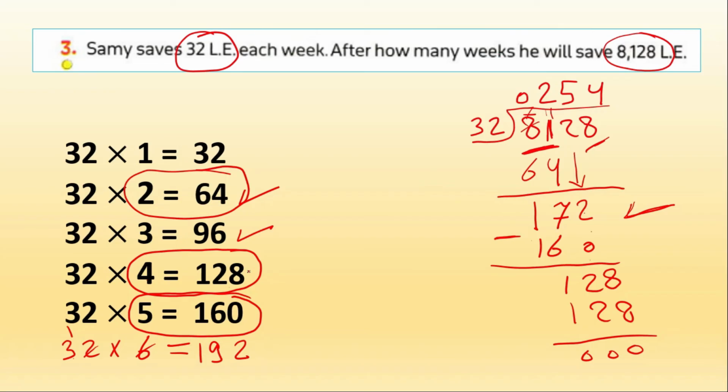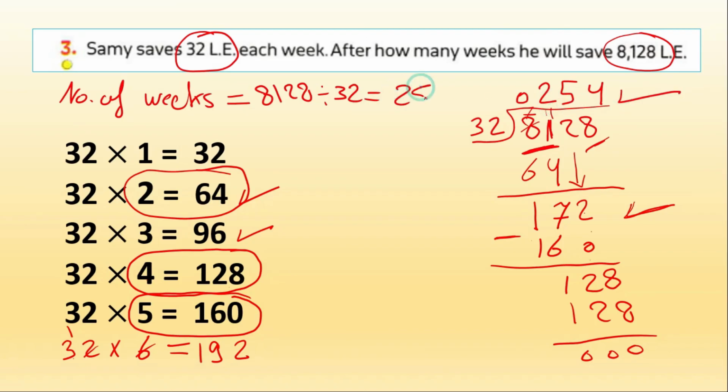So we say the number of weeks equals 8128 divided by 32, and the quotient we have is 254. 254 weeks. Got it.